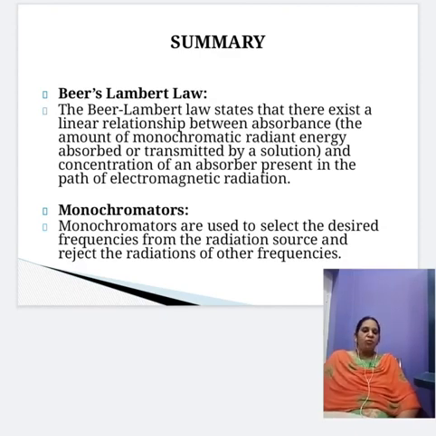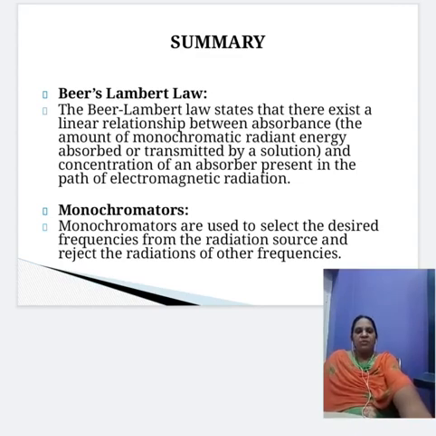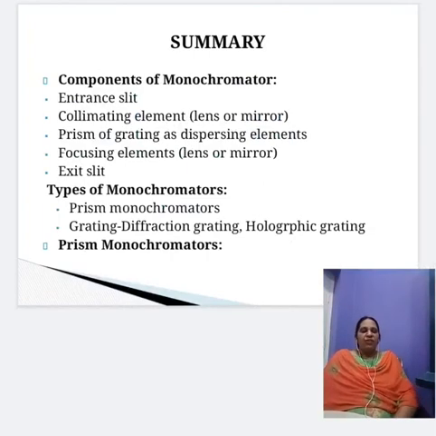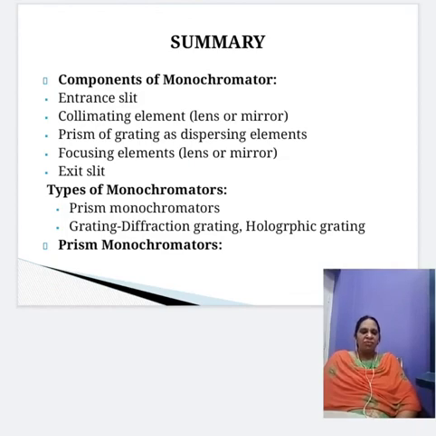Then we have studied monochromators. Monochromators are used to select the desired frequencies from the source and reject the radiations of other frequencies. We have studied the components of monochromators: the entrance slit, the collimating elements, that is the lens or the mirrors, then prism or grating as dispersing elements, then the focusing elements, and the exit slit.